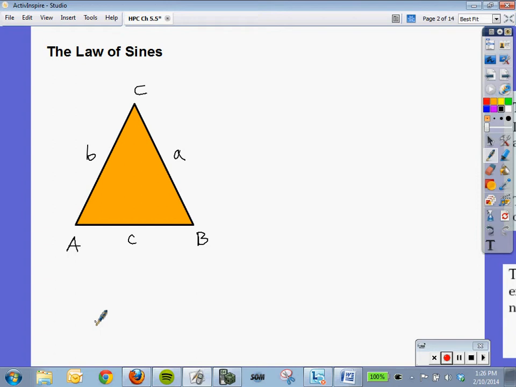And what the law of sines says is if we take a ratio of the sine of big C over little c, that is equal to the ratio of the sine of big B over little b, which is equal to the ratio of the sine of big A over little a.